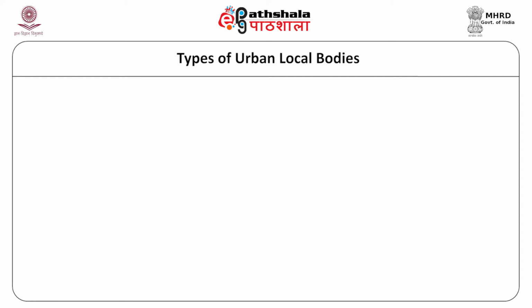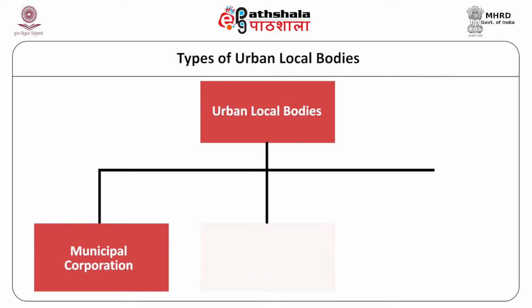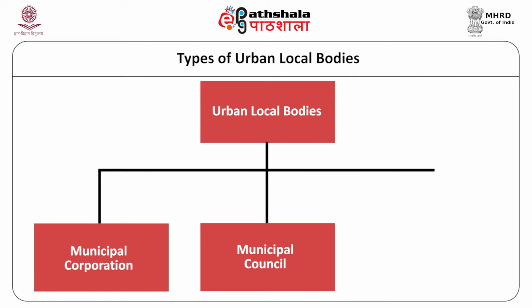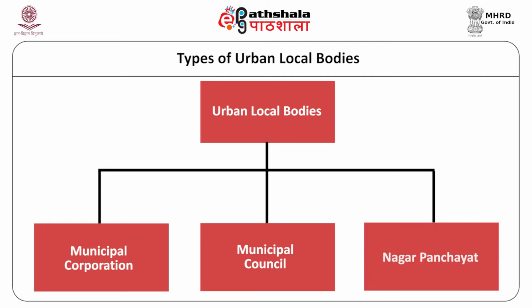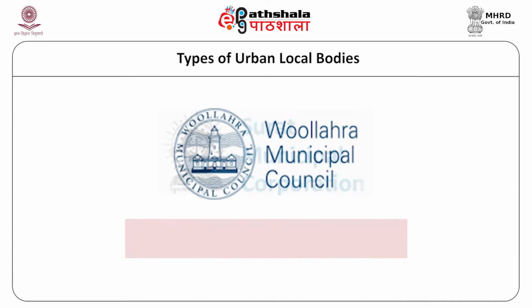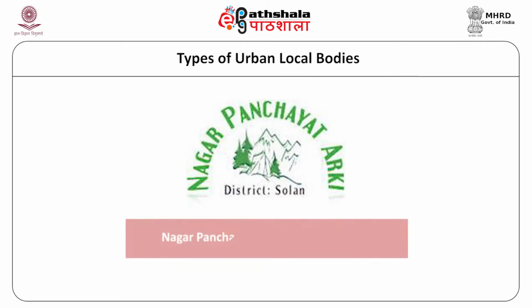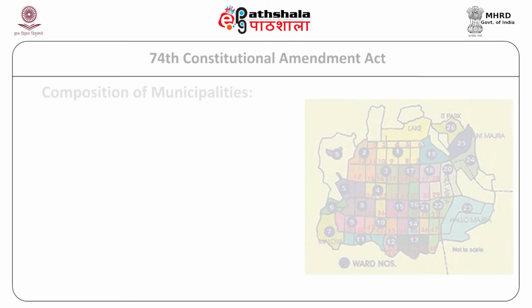Now, there are 3 types of local bodies: Municipal Corporation, Municipal Council or Committee, and Nagar Panchayat, also known as Transitional Area Committee. The Municipal Corporation functions in a larger urban area, Municipal Council for a smaller urban area, and Nagar Panchayats where the area is in transition from the rural to the urban areas.